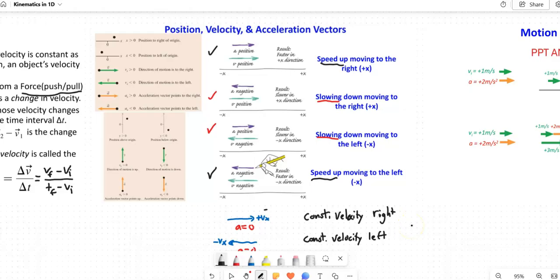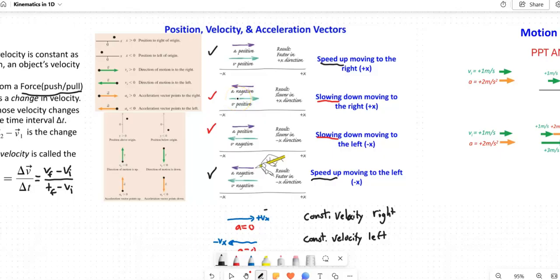Again, speeding up is when your velocity and acceleration vectors are pointing in the same direction. That means your acceleration vector is adding to your initial velocity vector and creating a new velocity vector. Okay. Slowing down is when your acceleration vector is opposite your velocity vector. So you're moving to the right and an acceleration vector is subtracting from that velocity vector.